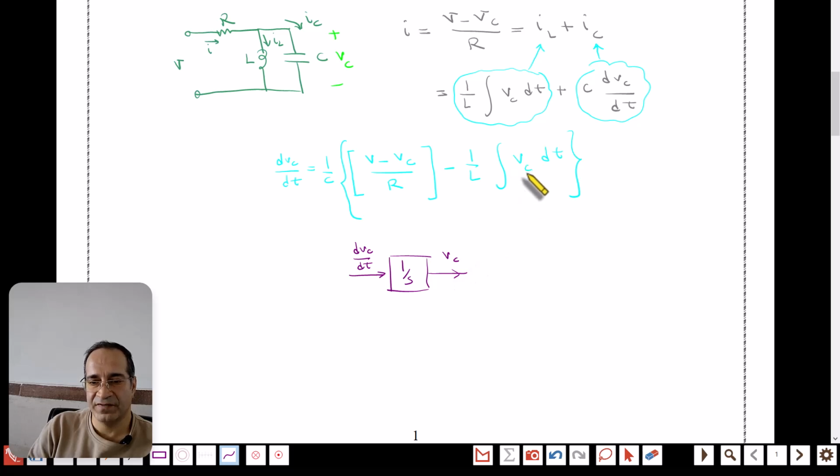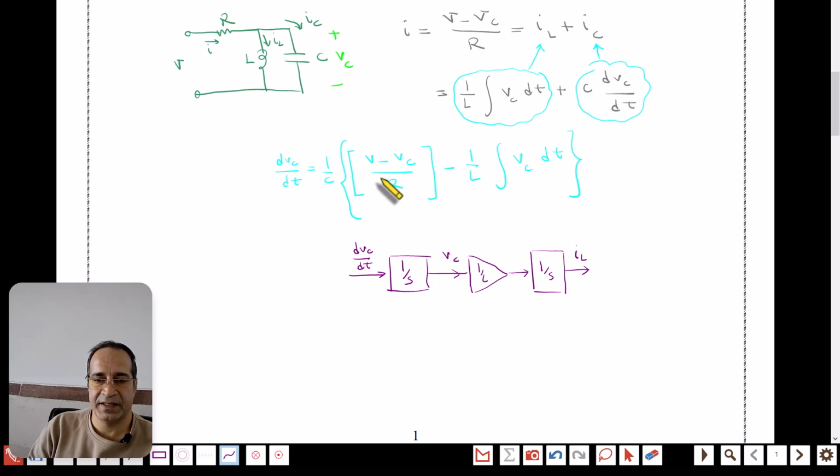And then if I have VC, I can do another integration in order to solve this term, using 1 over L as a gain, VC over L, and then integration 1 over S. This is 1 over L. This is actually the IL.